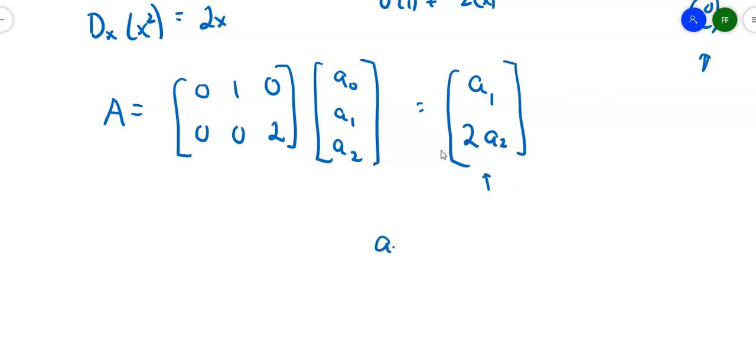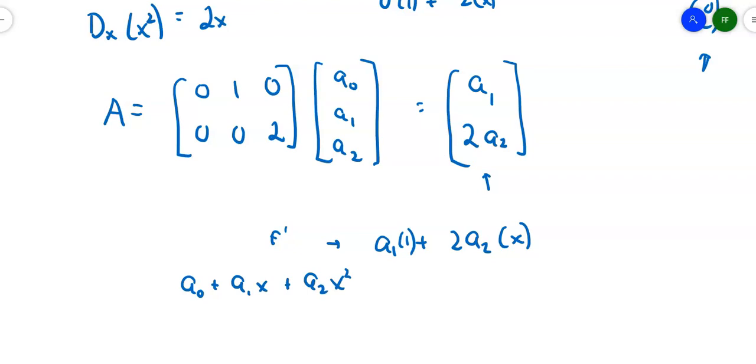That is a sub 1 plus 2 a sub 2 times x. So you could think of it as a sub 1 times 1 plus 2 a sub 2 times x. Is it true that this here is the derivative of a sub 0 plus a sub 1 x plus a sub 2 x squared? Sure it is. And that matrix actually lets us calculate the derivative of that polynomial by setting up a matrix that's relative to a different basis. In other words, it's not the standard ordered basis, it's a new basis.